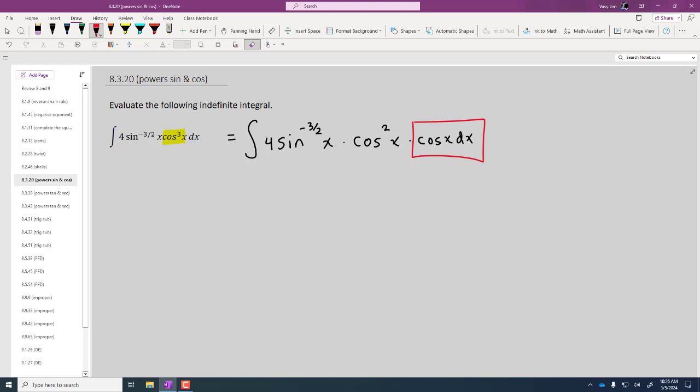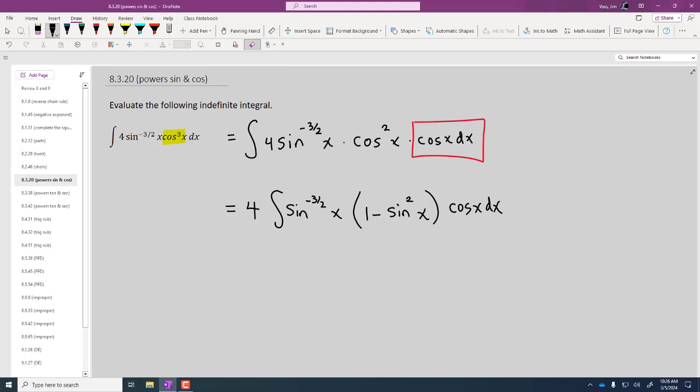So then we're going to have, so we can pull the 4 all the way to the front. So we're going to have sine to the negative 3/2 power, and then this is going to be 1 minus sine squared. And so now we've converted everything over to sines except for this cosine that we think of as attached to dx.